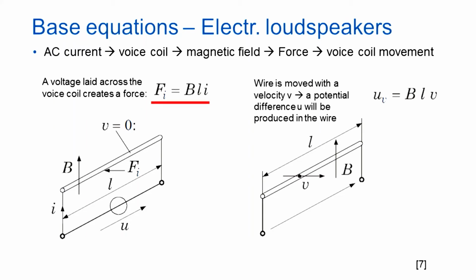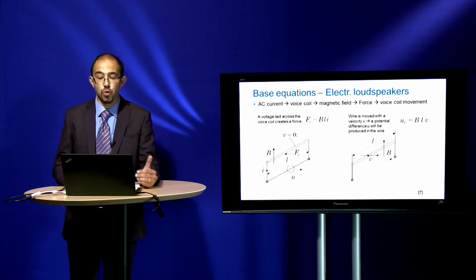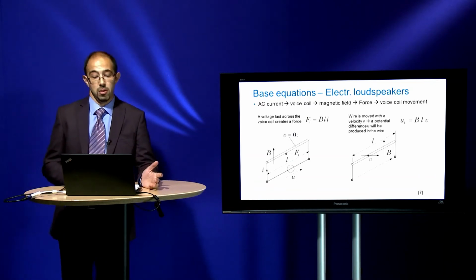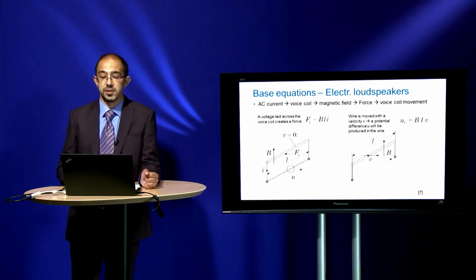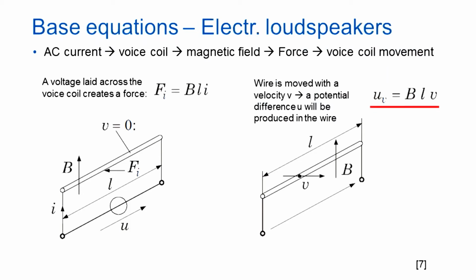We can describe this force for a current I. The force depends on the magnetic field strength B and the coil length L. At the same time, moving the wire or rod within the stationary field induces an electric voltage, and we can describe this voltage again using the magnetic field strength and the coil length, and it is directly related to the velocity.